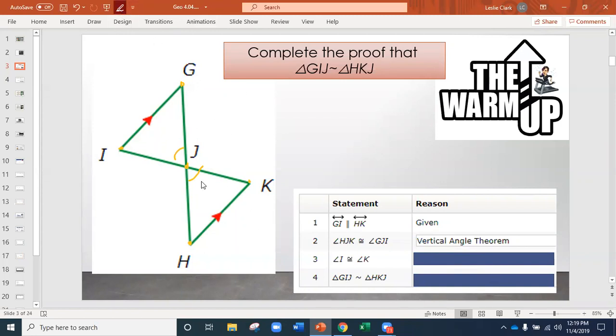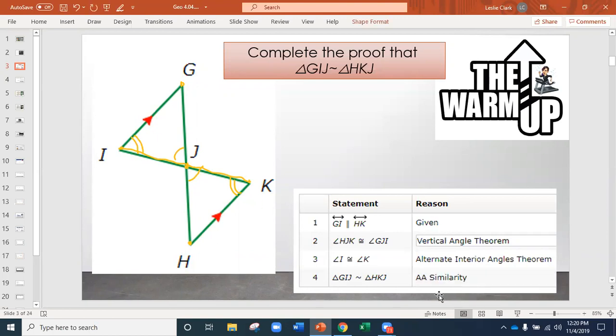And then it says that angle I is congruent to angle K. They are inside the parallel lines, so it's an interior pair, and they're on opposite sides of the transversal, which is that IK. That's the transversal right here. So that is the alternate interior angles are congruent theorem. So now we see that two of these angles are congruent to each other. So that means that these triangles are similar because of angle.